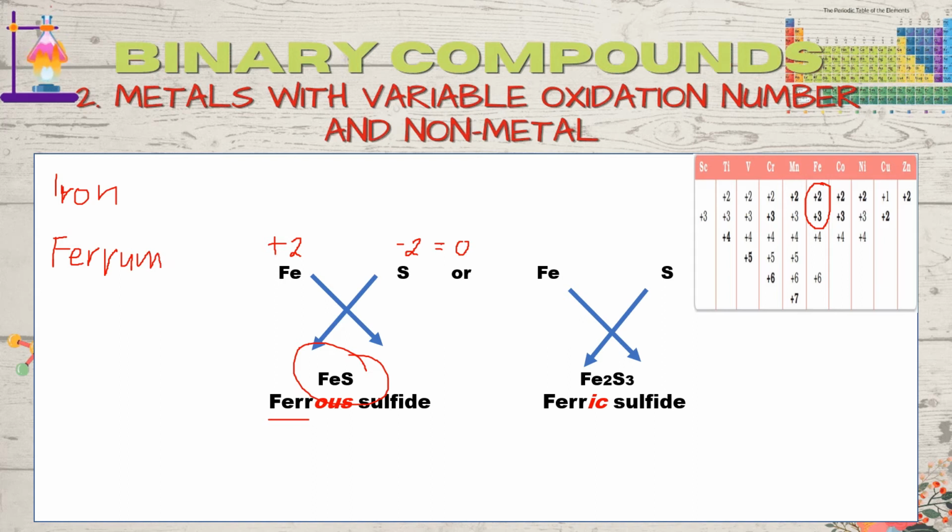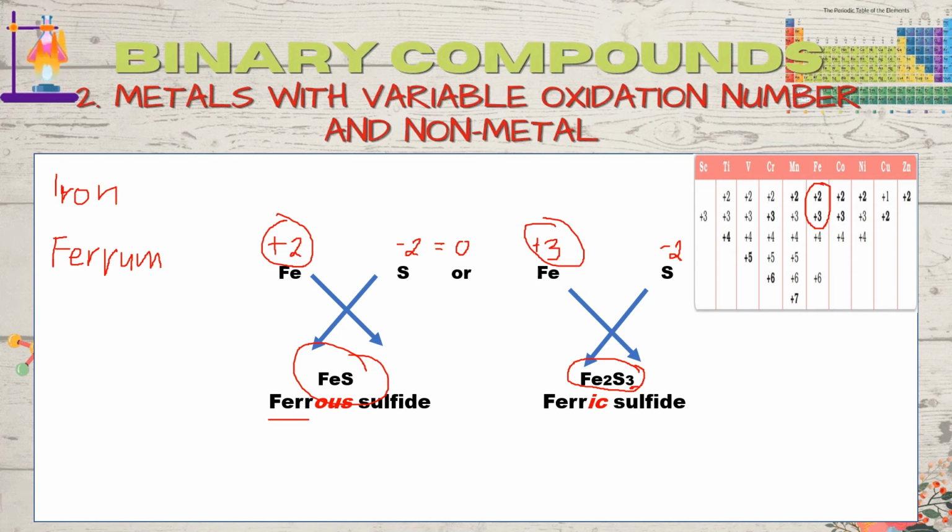So, in the given example number 2, the final answer here is Fe2S3, meaning yung 3 dito ay galing sa iron, positive 3. And yung S dito o yung 2 dito sa Fe ay galing sa sulfur. So, let's check po yung oxidation number nilang dalawa. Dalawa yung oxidation number ng iron, positive 2 and positive 3.